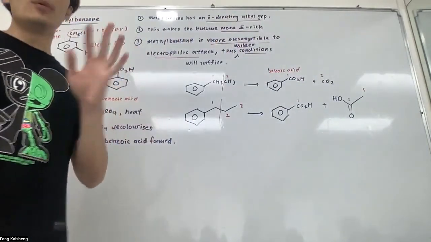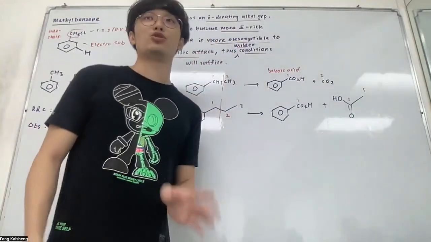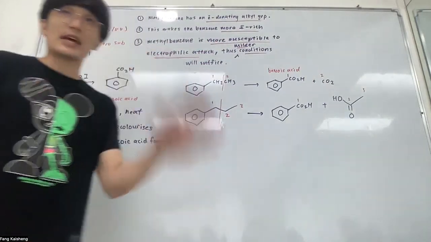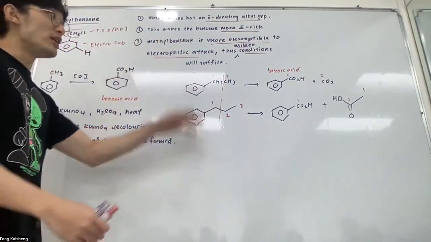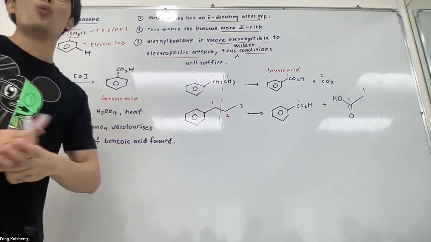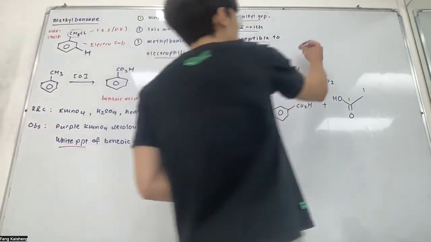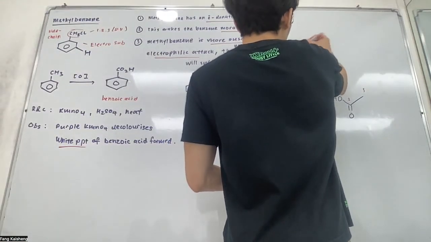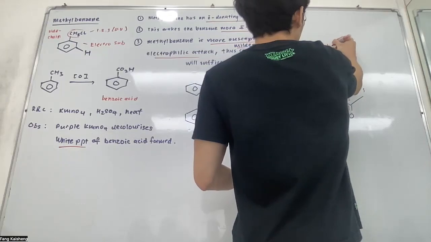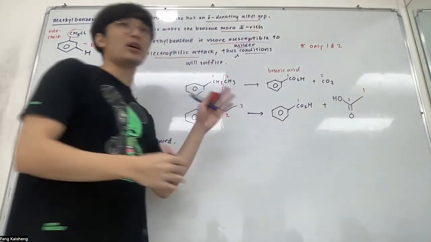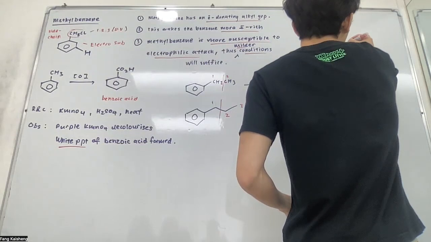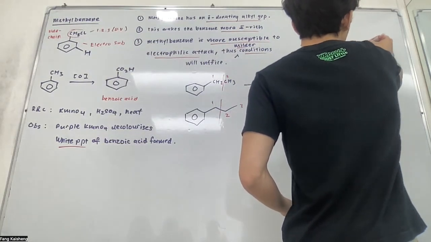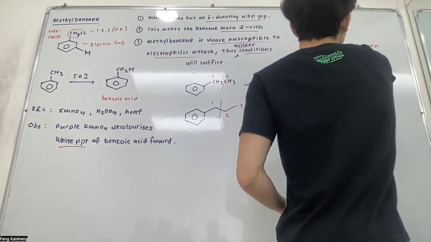So in other words, guys, do I do anything to carbon 3? No. Essentially, if you follow your numbering consistently, only carbon 1 and 2 will turn into carboxylic acid. It just oxidizes into carboxylic acid. Only 1 and 2 will turn into carboxylic acid.